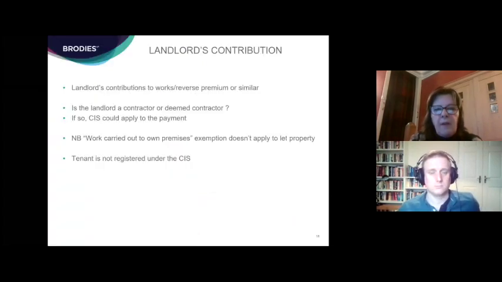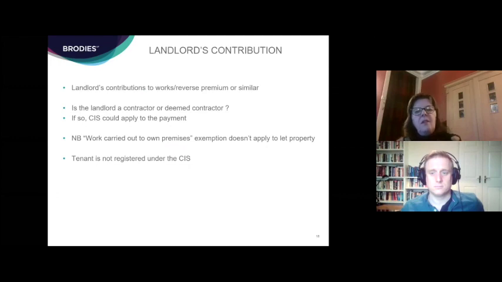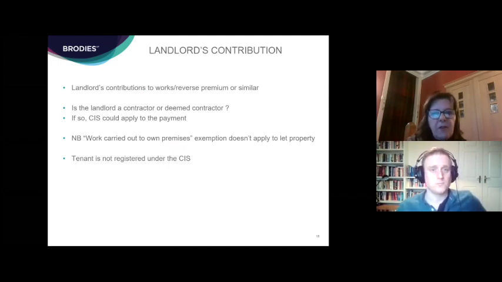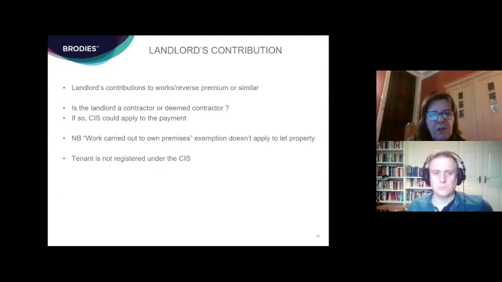One area where it comes up a lot and is not necessarily recognised is in relation to landlords' contributions. And although there is an exemption for some types of reverse premiums, it doesn't apply across the board. So where a landlord's paying for works of some kind in connection with the granting of a lease, the first thing is that you have to consider whether the landlord's a contractor or deemed contractor.